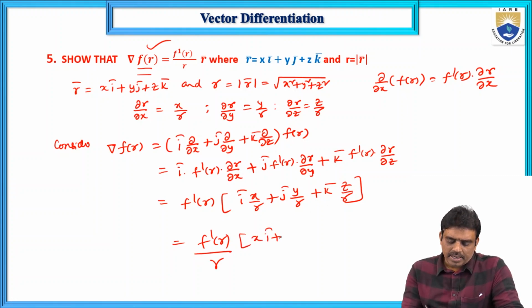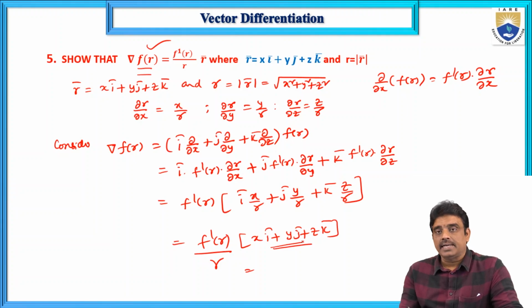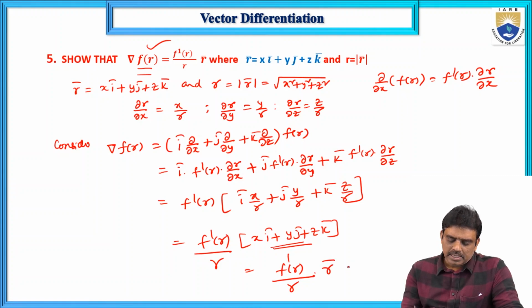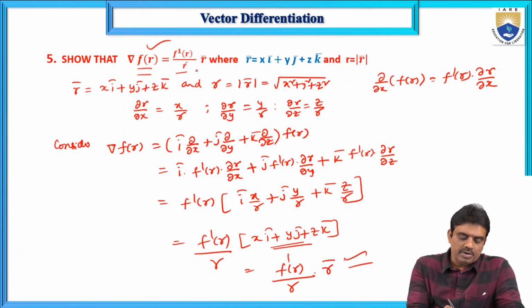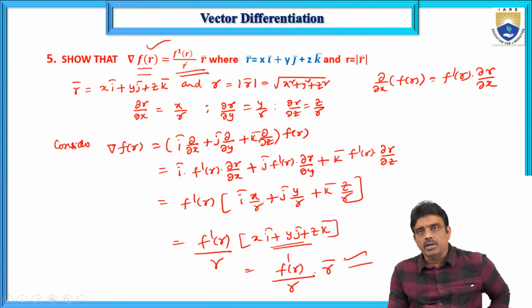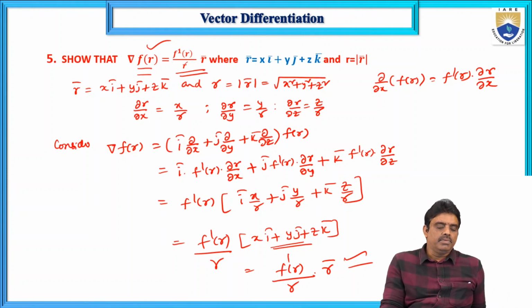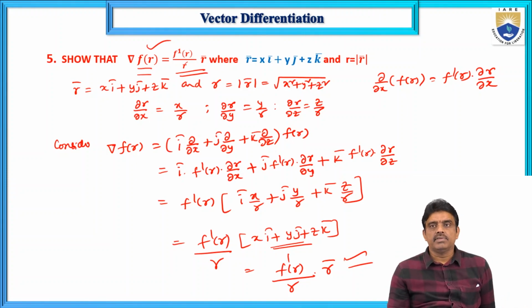So in the bracket we will get x i bar plus y j bar plus z k bar. The entire bracket term is r bar. So f dash of r by r into r bar. So this is the required solution. This is another theorem related to the gradient of the function.